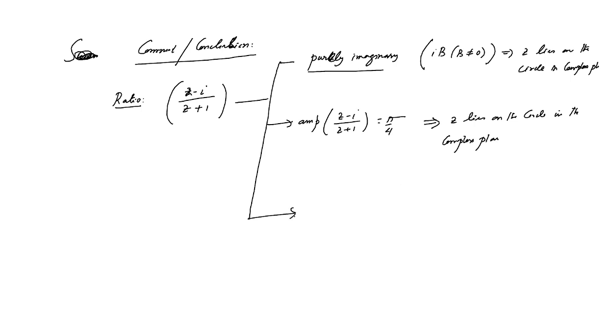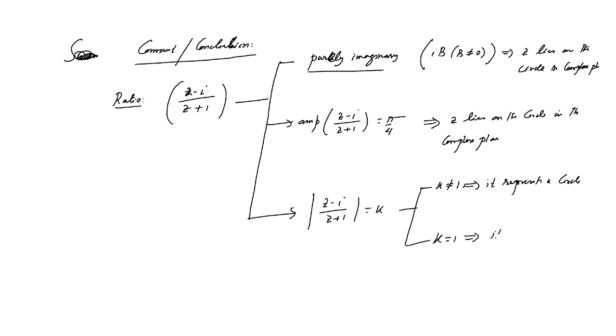And if the modulus of z minus i by z plus 1 equals k, on the basis of k, if k not equal to 1, it represents a circle, and if k equals 1, it represents a straight line.